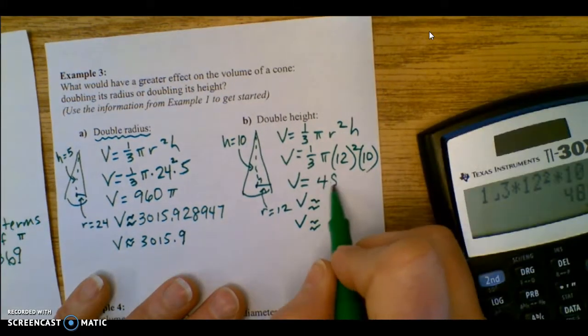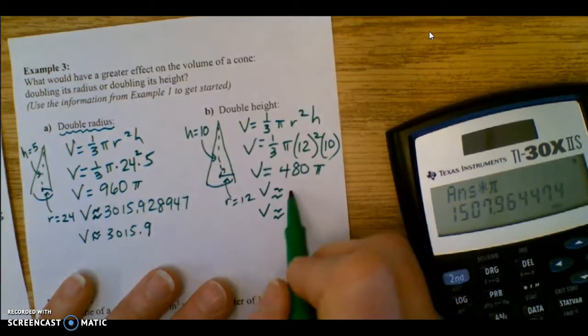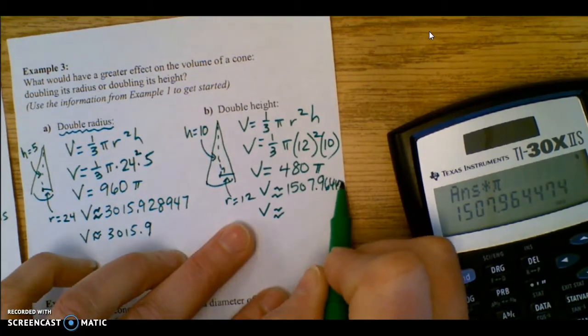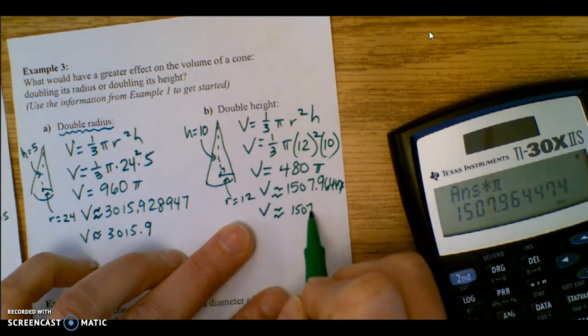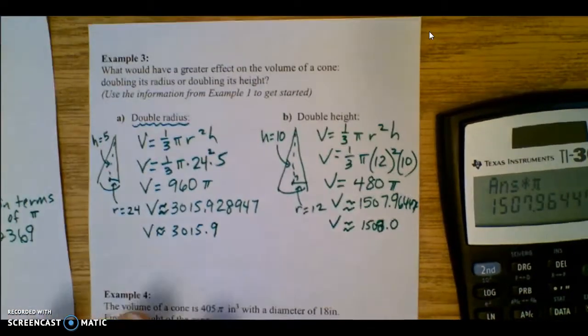This time we get 480 pi, which when multiplied out is 1507.9 and change. So 1508.0 if we're rounding to the nearest tenth.